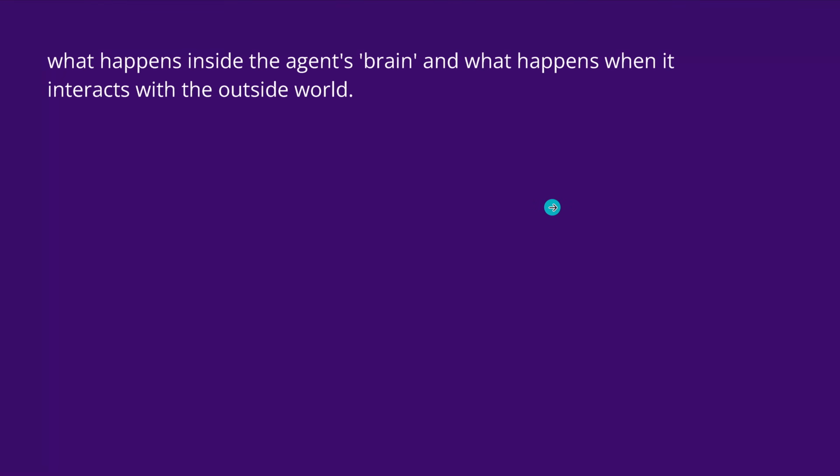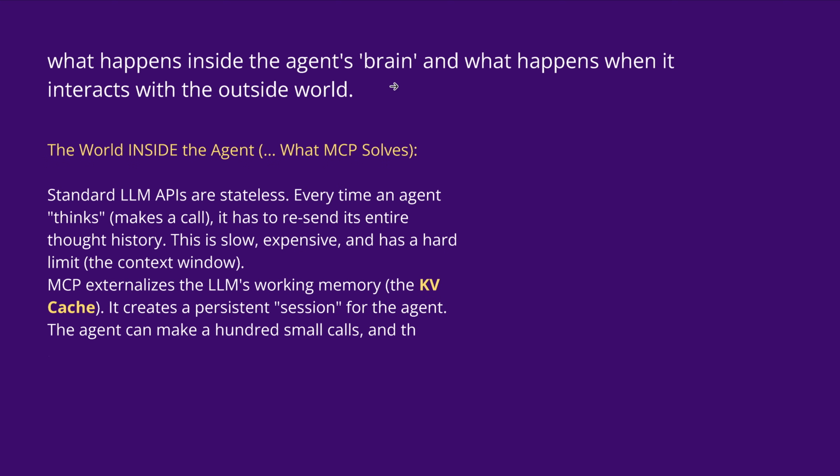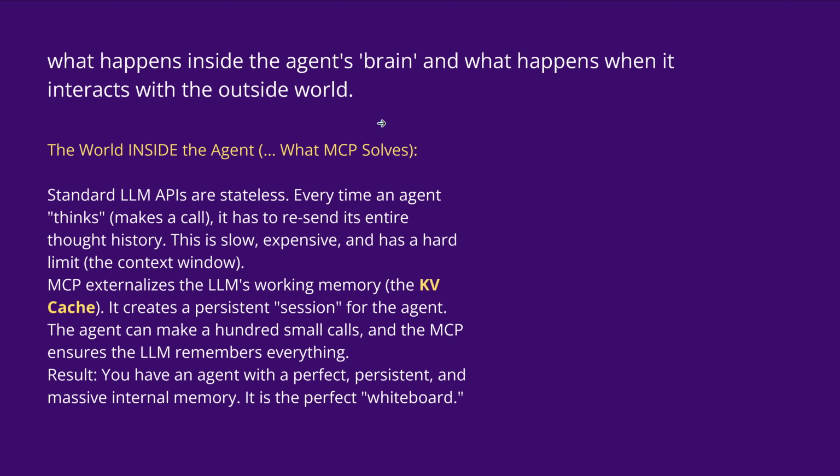So let's continue. Let's be clear, because I saw some of my viewers commented, so let me just summarize. What happens inside the agent brain, and what happens if it interacts with the outside world? Let's say what MCP solves in the easiest case. Standard LLM APIs are stateless, more or less. Every time an agent makes a call, it has to resend its entire thought history.